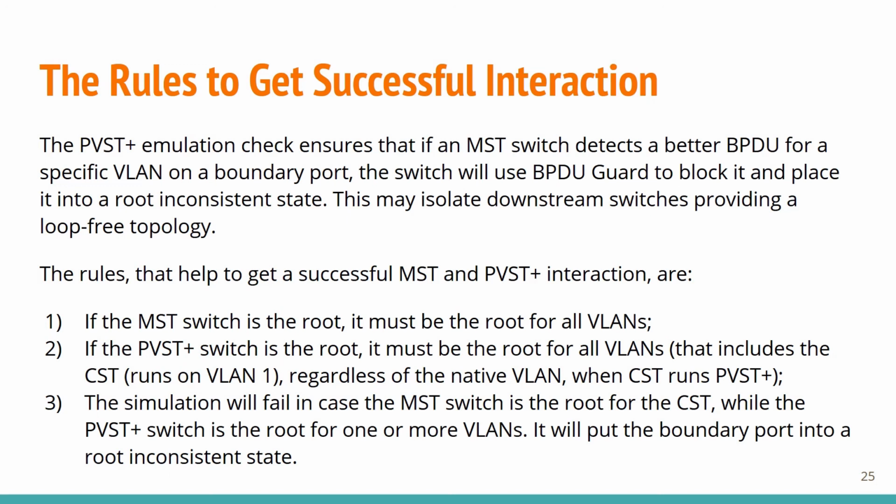Second rule, if the PVST Plus switch is the root, it must be the root for all VLANs. That includes the CST regardless of the native VLAN when CST runs PVST Plus. And the last rule, the simulation will fail in case the MST switch is the root for the CST, while the PVST Plus switch is the root for one or more VLANs. It will put the boundary port into root inconsistent state.